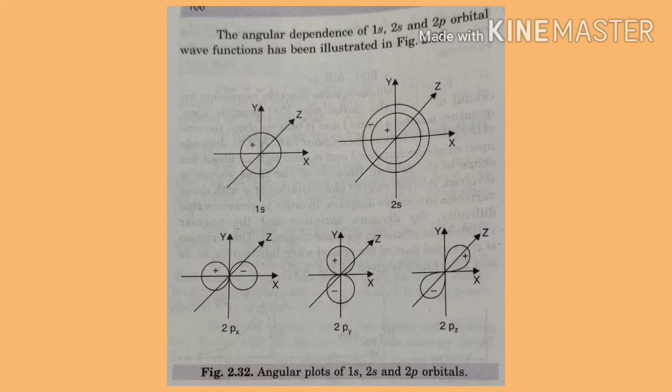These signs indicate whether the orbital wave function is positive or negative in a particular region. These signs do not represent positive or negative charge. So you know that it is a wave, and a wave has a positive as well as a negative part. So this is the representation of the graphs.